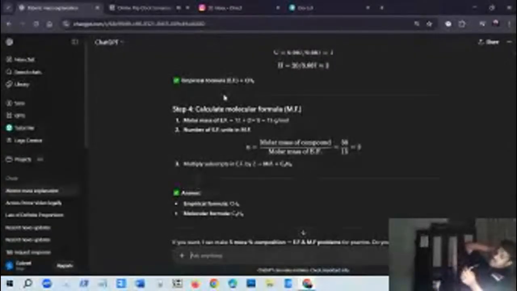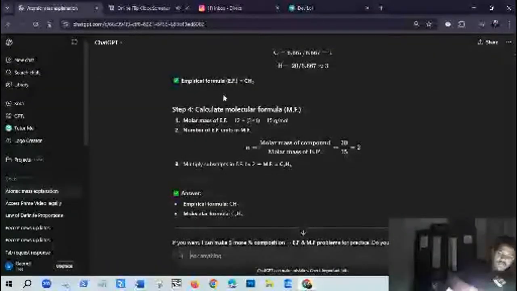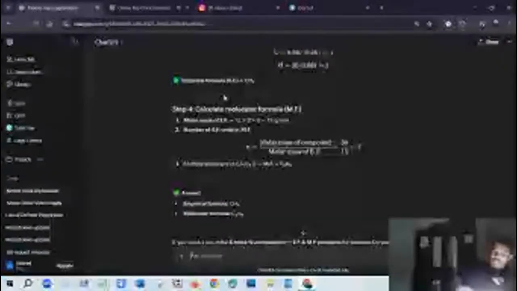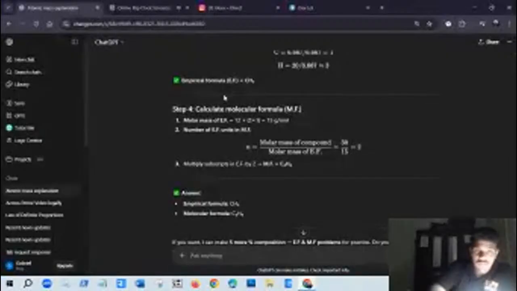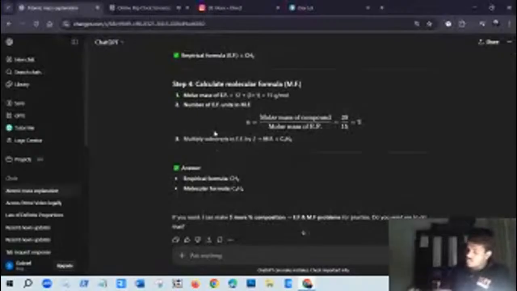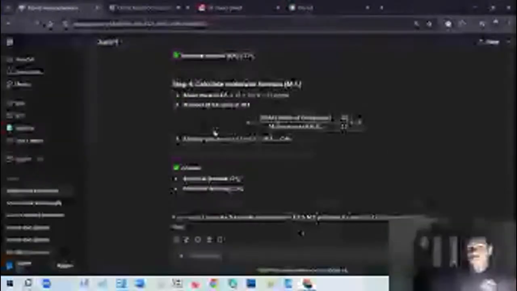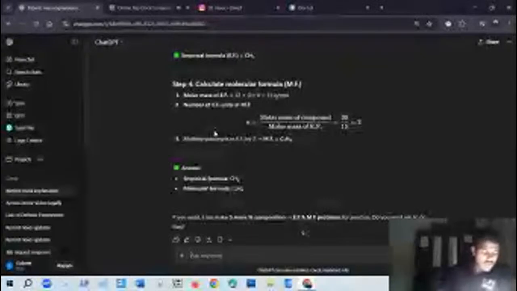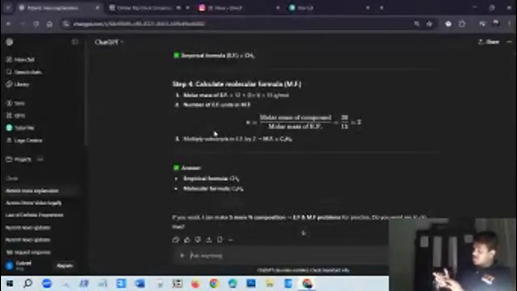We have to find the molecular mass and molecular formula. So I got 15 grams here, and we got 30 grams here.